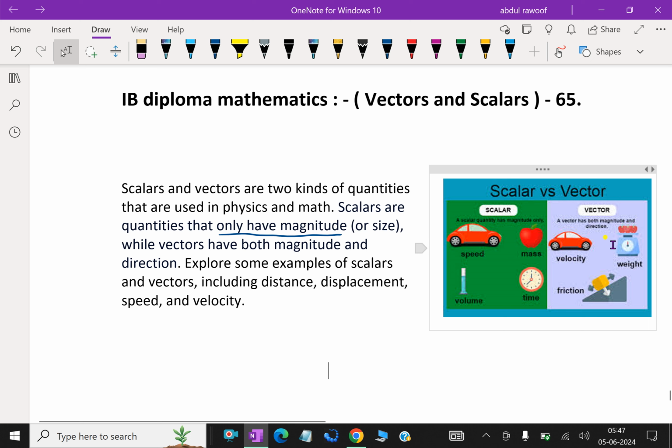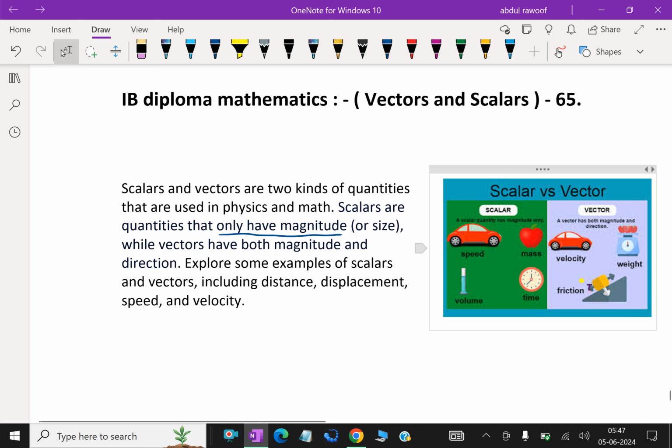Now the next one, weight. Here we consider an apple. The mass is a scalar quantity. If you consider the weight, it's a vector quantity. That means gravity is multiplied with mass. It gives weight, so it's called a vector quantity.